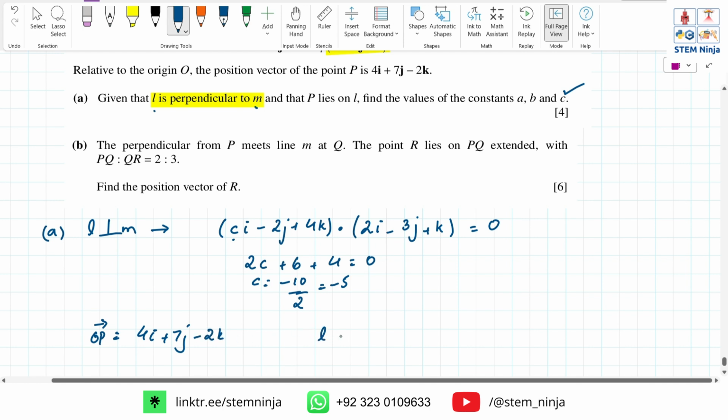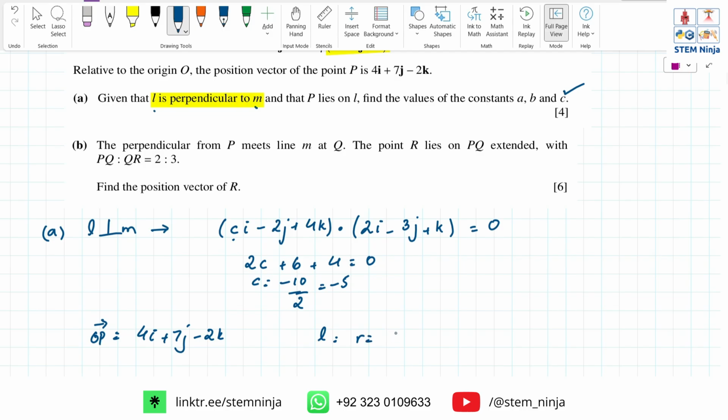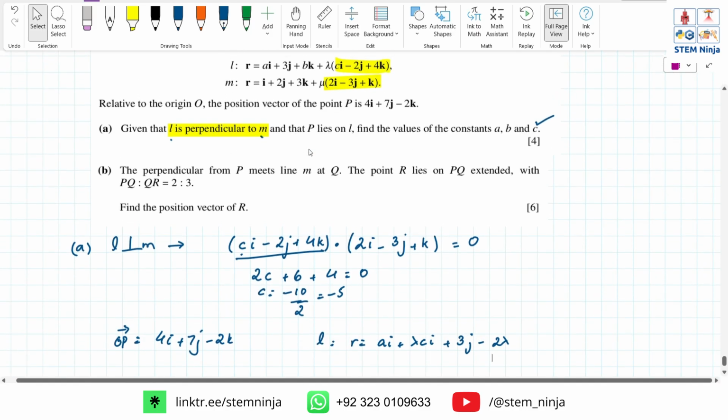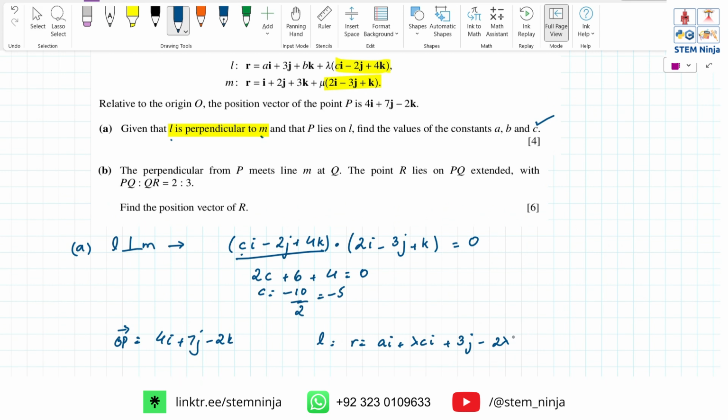And this lies on the line r equals ai plus, this was the direction vector, right? So lambda ci minus 2 lambda j plus bk plus 4 lambda k.